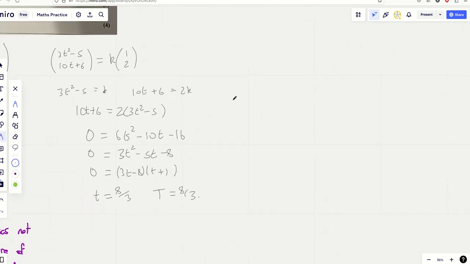So let's quickly check. v equals, okay, 8 over 3 squared is 64 over 9, times 3 is 64 over 3, and then take away 5, well, let's take away 15 over 3, and then 8 over 3 times 10 is 80 over 3, and then plus 6, well, that's plus 18 over 3. What does that come to? 64, 54, 49 over 3. And then 80, 98 over 3.